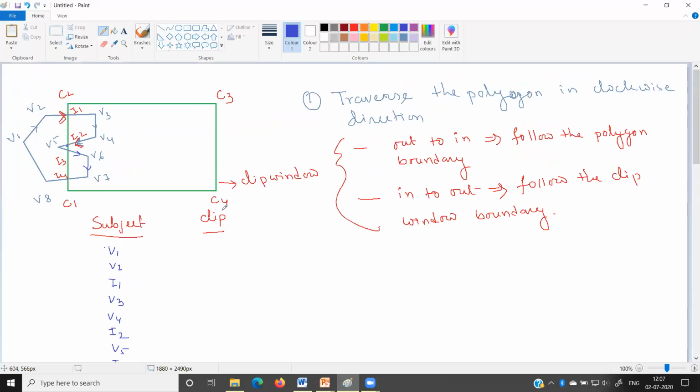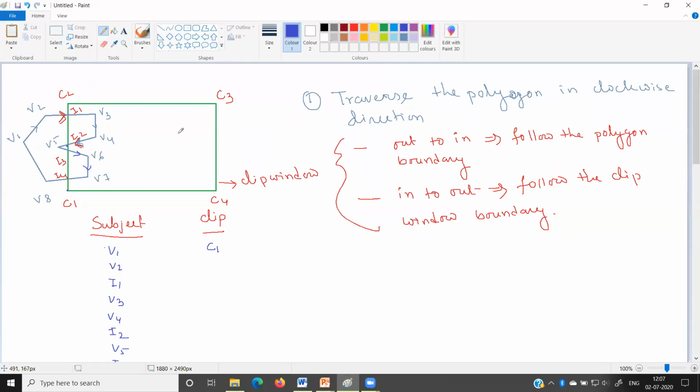Now in the clip list, what will we do? This I1 is the first intersection point, so we could start from I1. But we can also start from the clip window points, so it is better to start from clip point 1, C1.